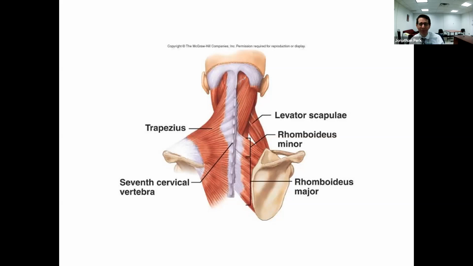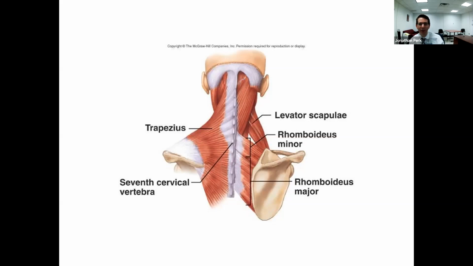And if you have signs of denervation there, I don't know if you already had the talk about EMG, but if you have fibrillation potentials, positive sharp waves and so forth, that tells you that the C5 root is involved. So if we have weakness of the rhomboids, what type of scapular winging will we get?